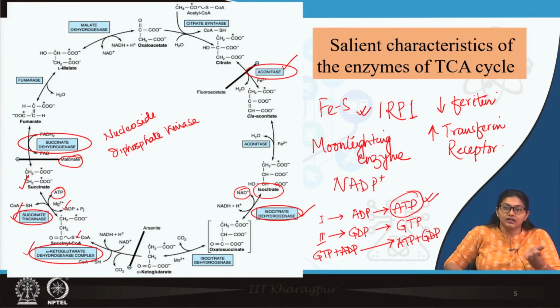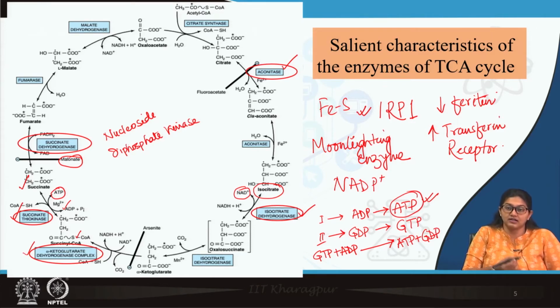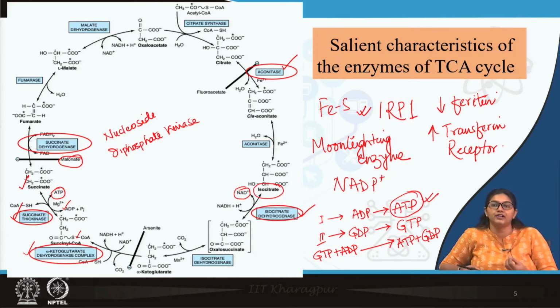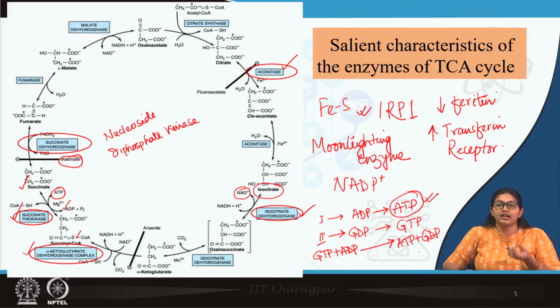So, remember whenever it is asked to name one competitive inhibitor or give an example of competitive enzyme inhibition, the example is malonate, which inhibits the enzyme succinate dehydrogenase.